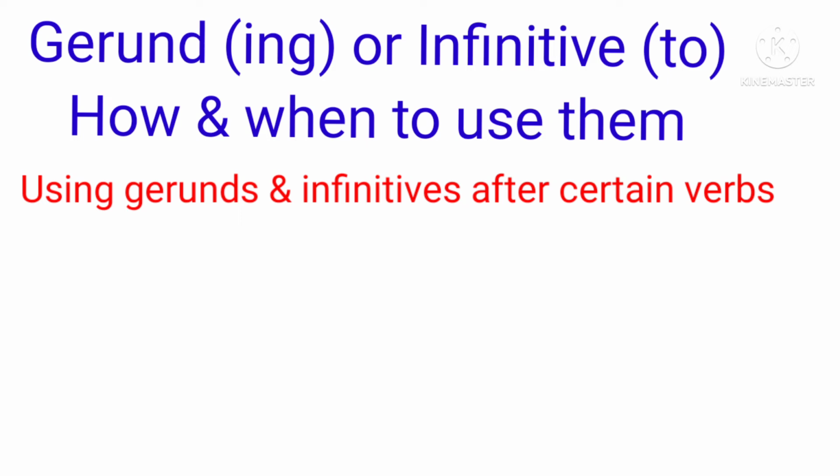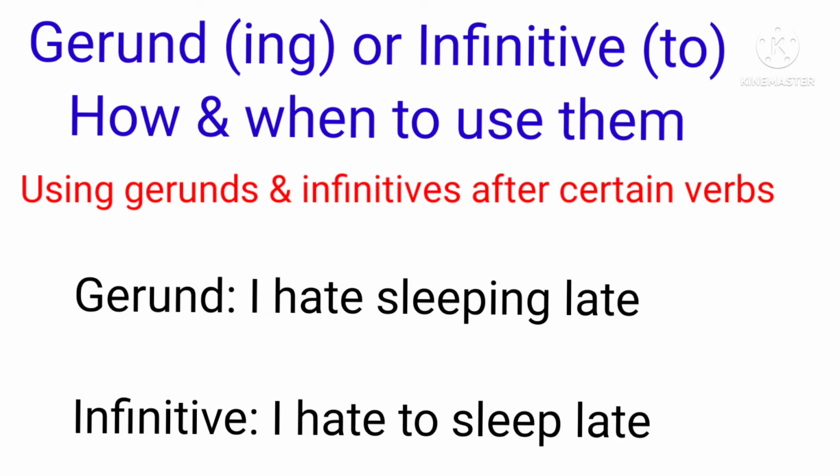I will show you some examples. We have gerund and infinitive. We have the verb hate. Hate is a verb that is followed by a gerund or an infinitive. For example, I hate sleeping late.